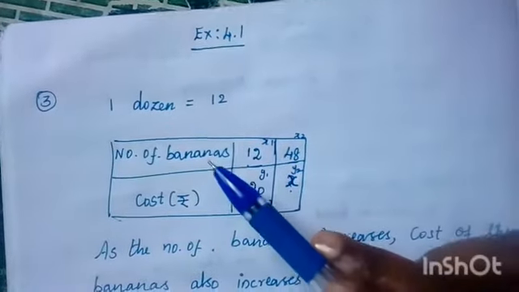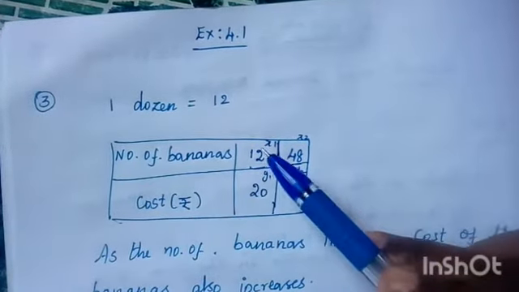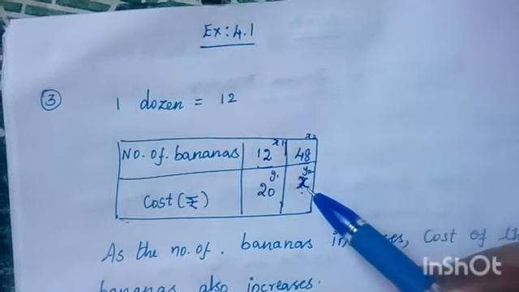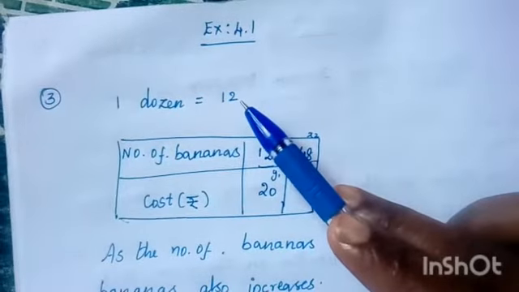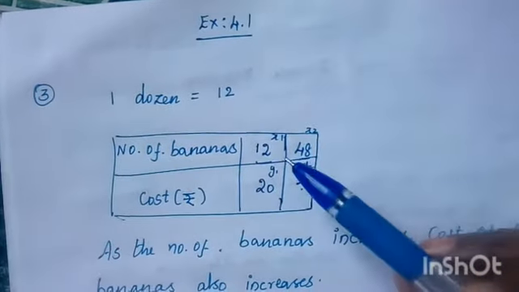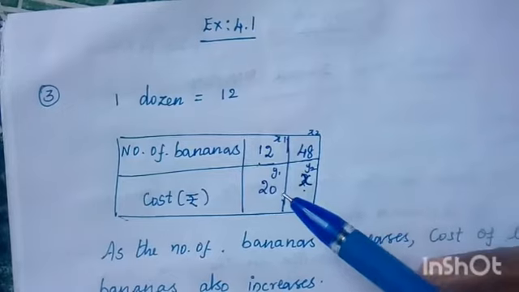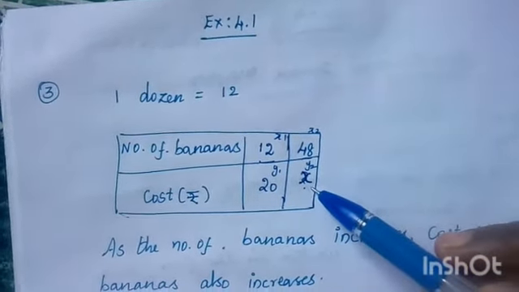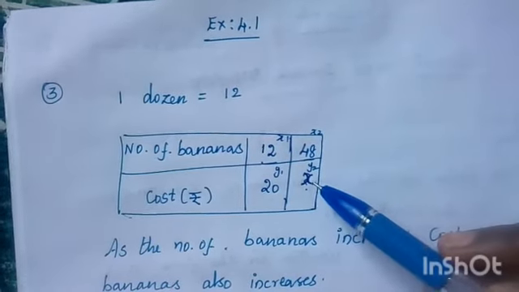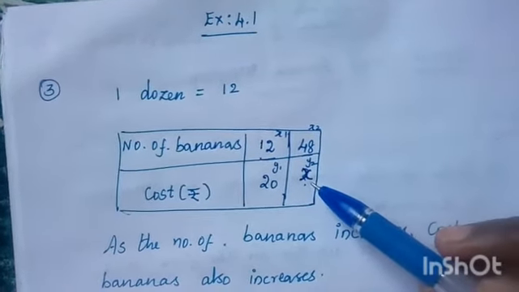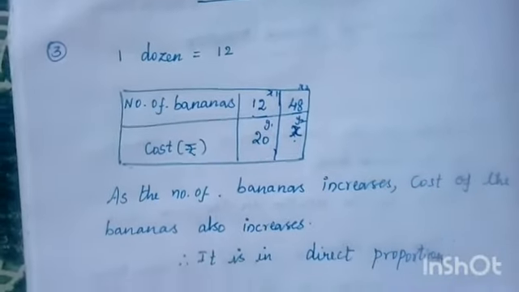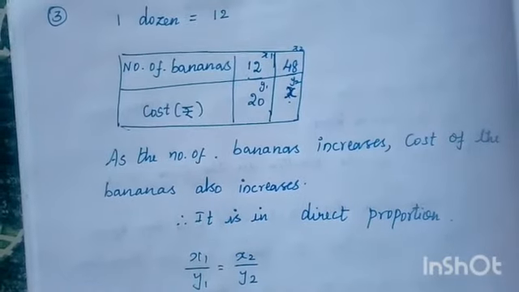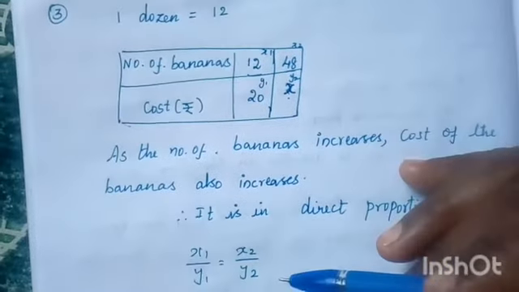Once again, listen. For the given question, 1 dozen bananas cost rupees 20, and we want to find the cost of 48 bananas. One dozen is 12. Now as the number of bananas increases, the cost also increases. For the unknown, you have to use some variable X; for all problems commonly use the variable X. Then simplify with the formula X1 by Y1 equal to X2 by Y2.